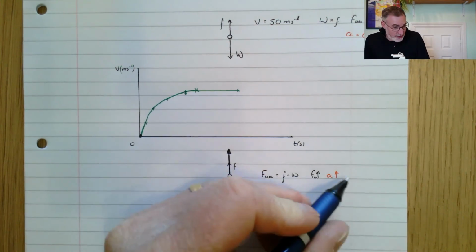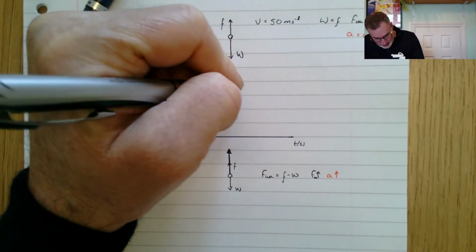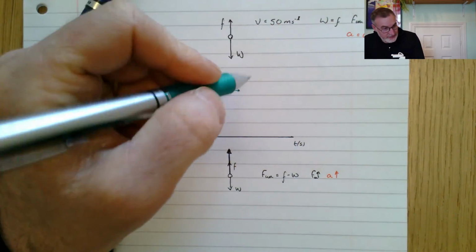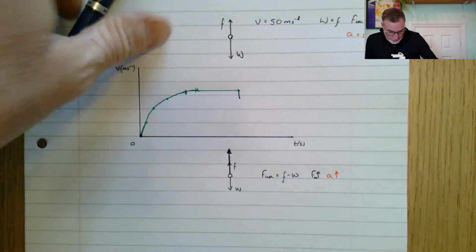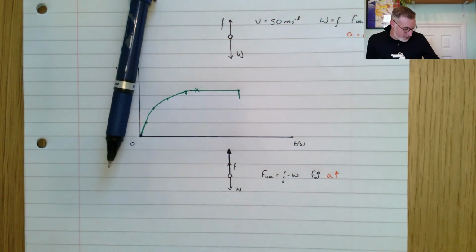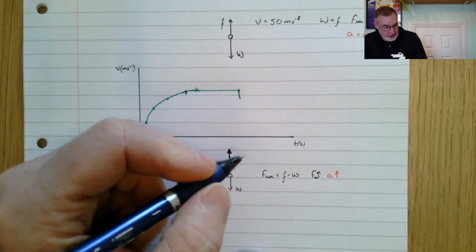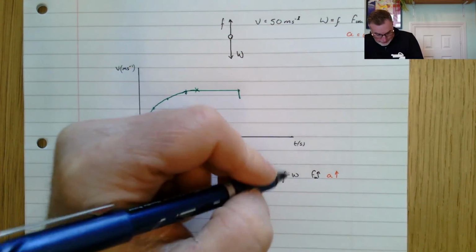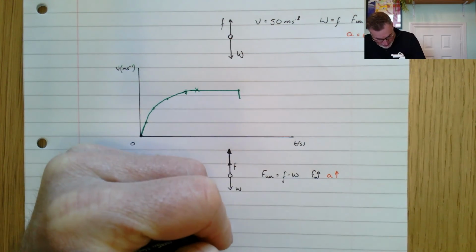This is going to be really, really large at the start. So if we keep plotting away on our graph, we're going to start having a very, very steep downward gradient. The negative acceleration, or the acceleration against the velocity of the skydiver, is going to lead to a reduction in the velocity, and as velocity reduces, so will friction, and so the opposite thing kind of happens.